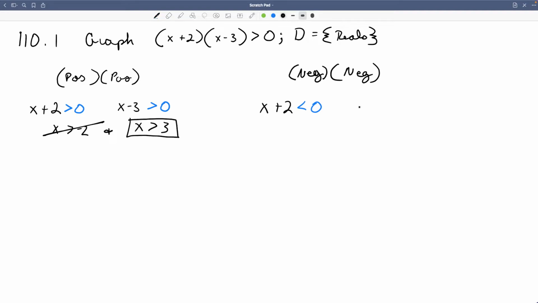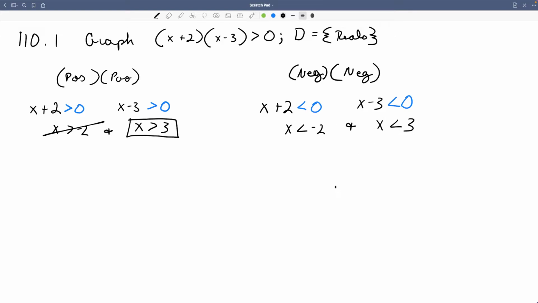And then x minus 3 would be less than 0 as well, right? So we have to have a number that we can sub in for both x's that meets both conditions so that they're both negative. So let's solve for that. So we subtract 2, we get x is less than negative 2, and x is less than a positive 3.